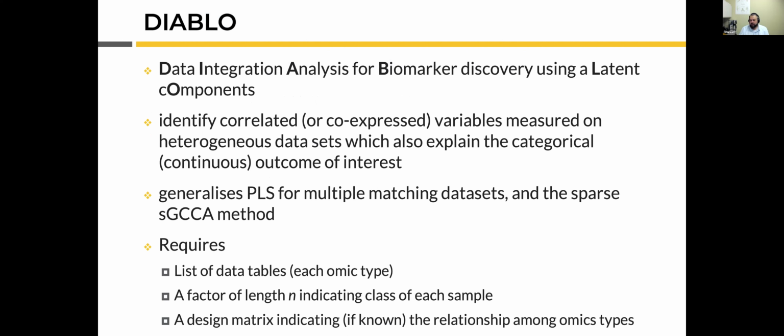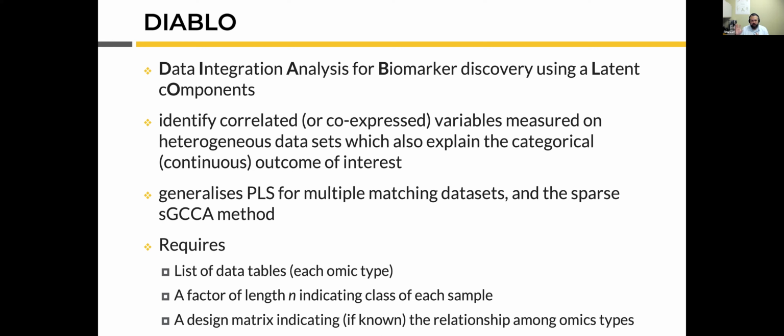But the nice thing about Diablo is, one, it can help you analyze and pull apart your multiomics data and how the omics relate to each of your group outcomes. But two, it is a statistical modeling method, and so whatever it learns from your data can be used on subsequent data.